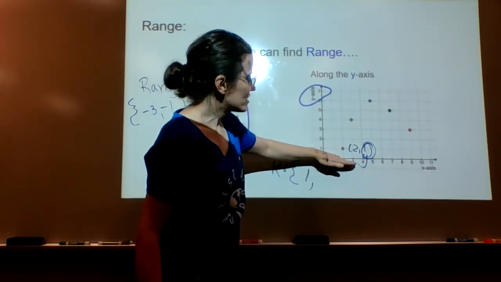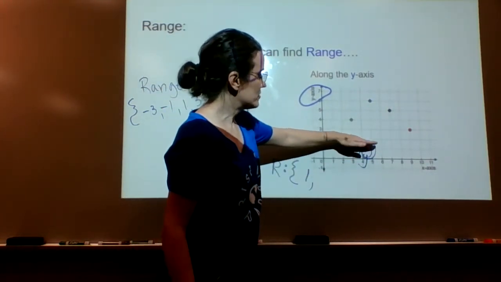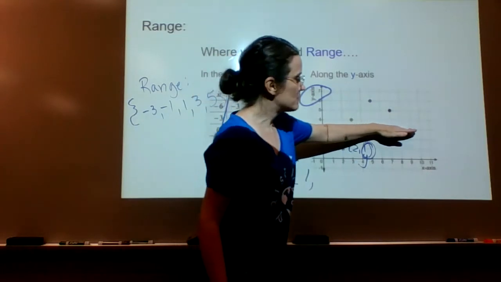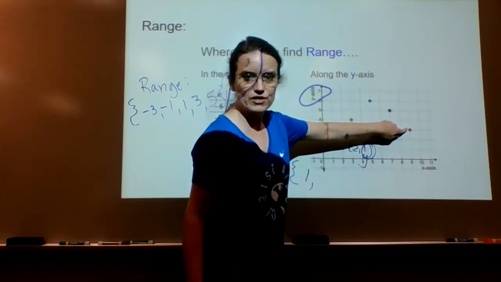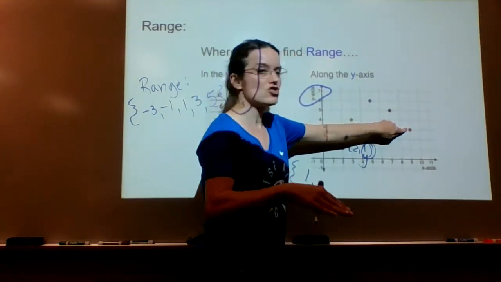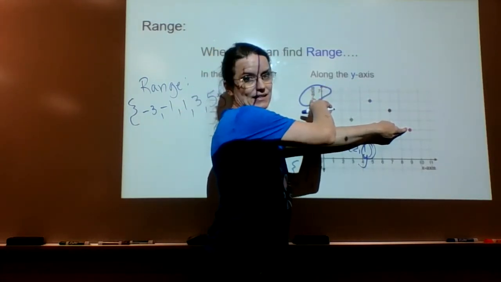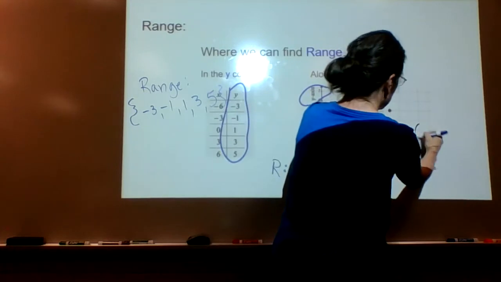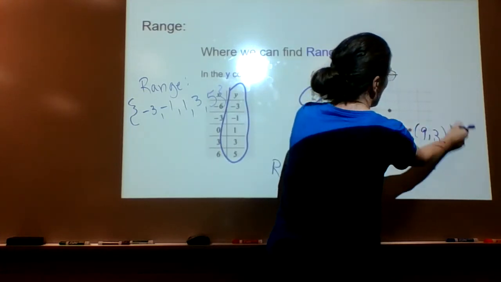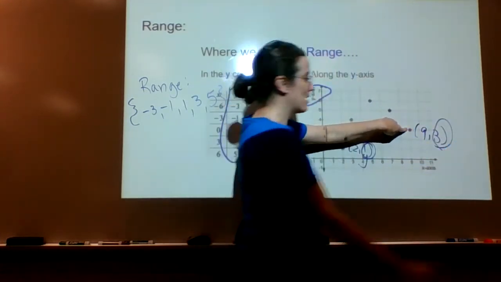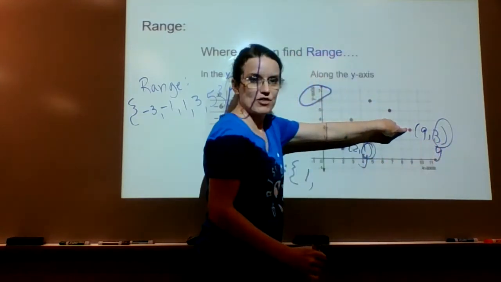Okay, now I'm just going to scoot on up. The next highest point I have here is actually over to the right. But remember, range is up and down. It's on your y-axis. It's your y values. So this point at (9, 3), we're looking for how high up and down it is, and it's up at 3.